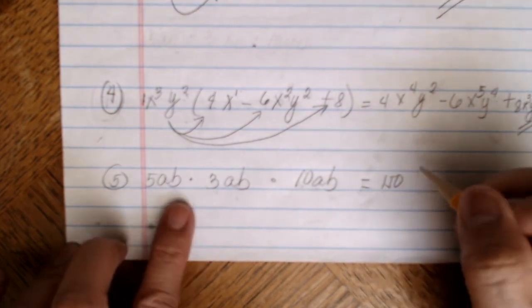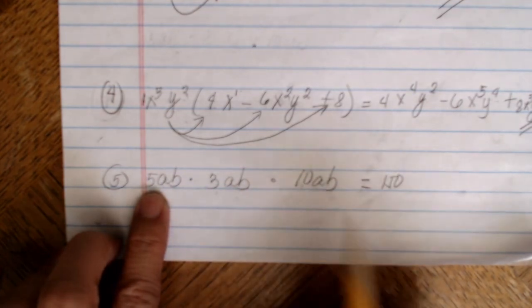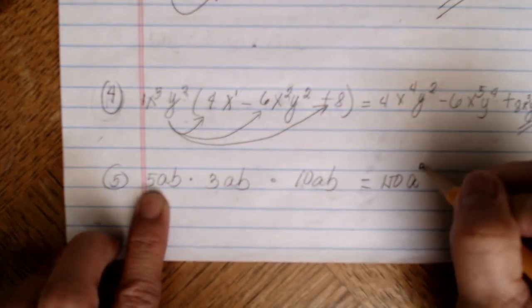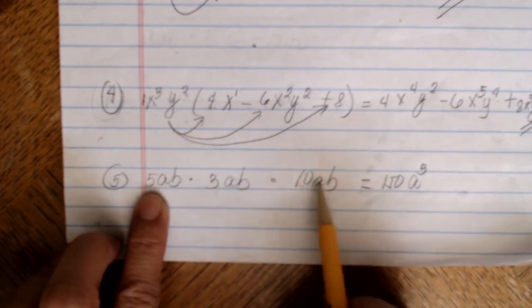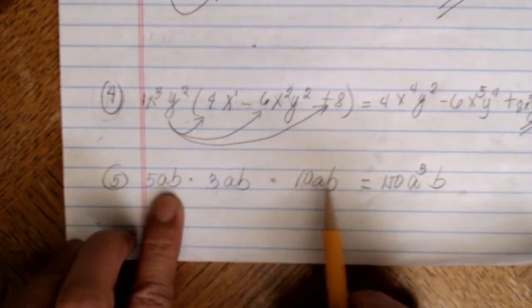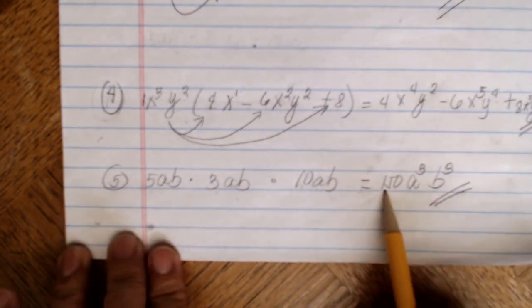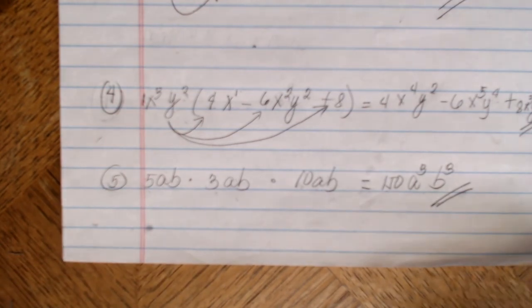And then get all the a's. A times a times a. So we have 3. 1 plus 1 plus 1. And then get all the b's. B times b times b. So our answer is 150a cubed b cubed. Okay guys, hopefully it will help you, okay?